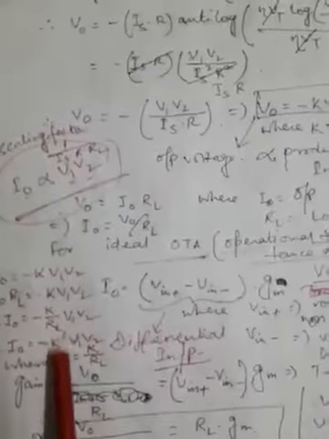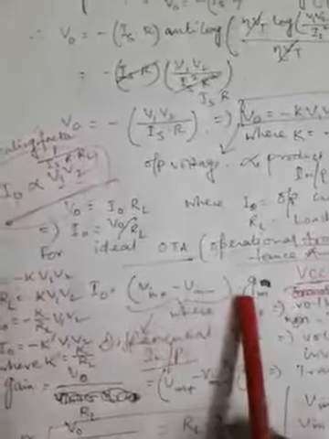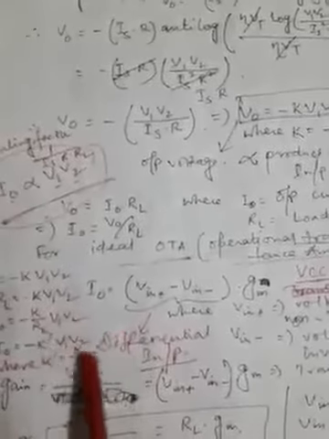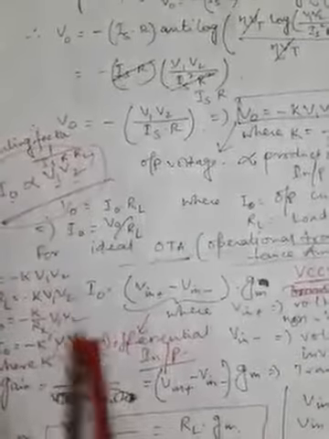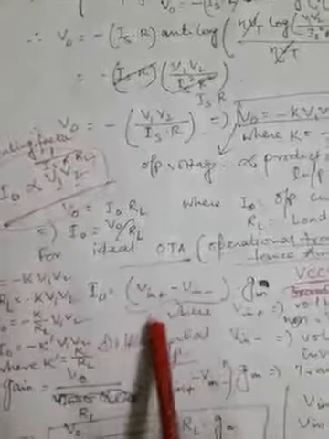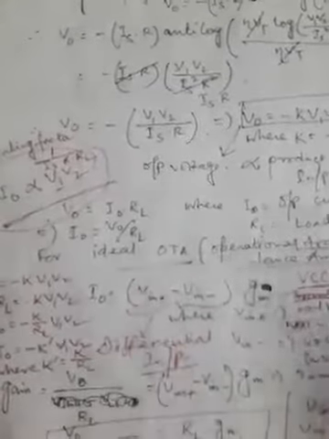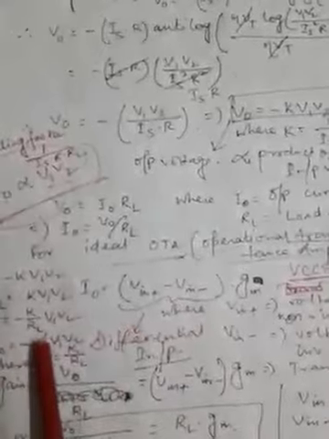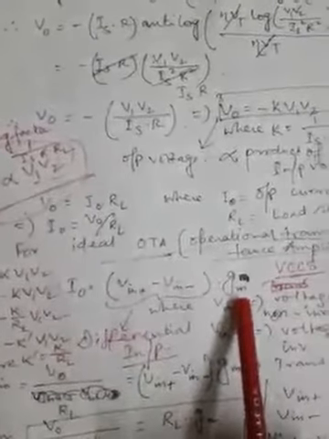Now if we compare this equation IO equal to minus K prime V1 V2 with this expression IO equal to V in plus minus V in minus whole into GM, then we can say that if we consider the product of this differential input voltage V1 into V2 as the expression for a transconductance multiplier, then minus K prime must be the value of GM.